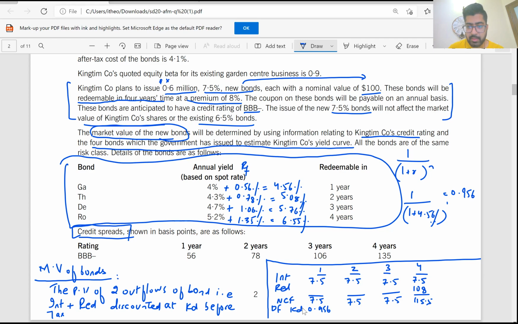For the second year, it's 1 upon 1 plus R. What is the R for the second year? 5.08%, and N is 2. That gives 0.905.